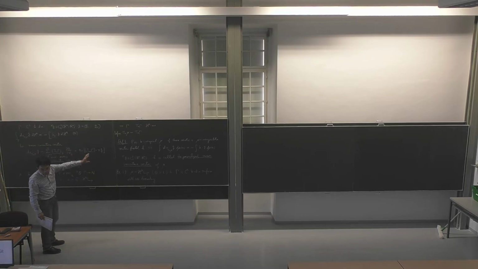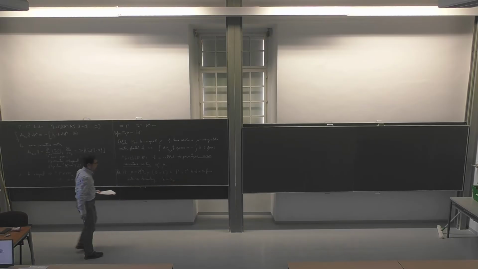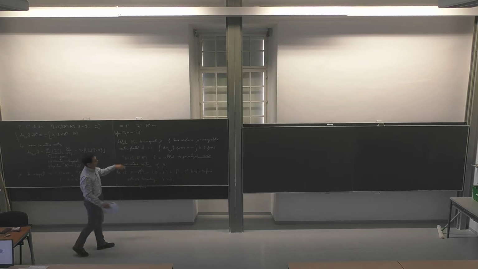So this generalized mean curvature vector is the usual mean curvature vector, obviously. In this case, this H is nothing but just the usual mean curvature vector.